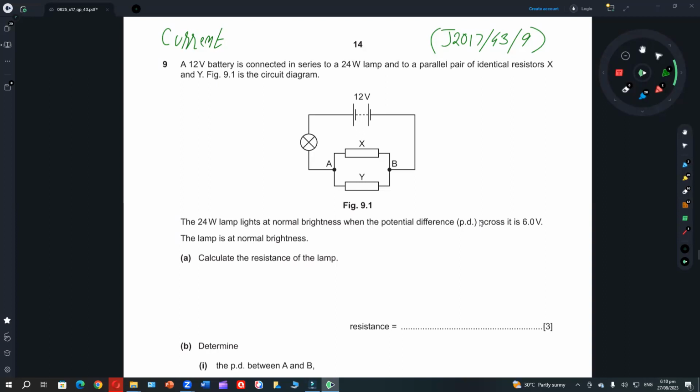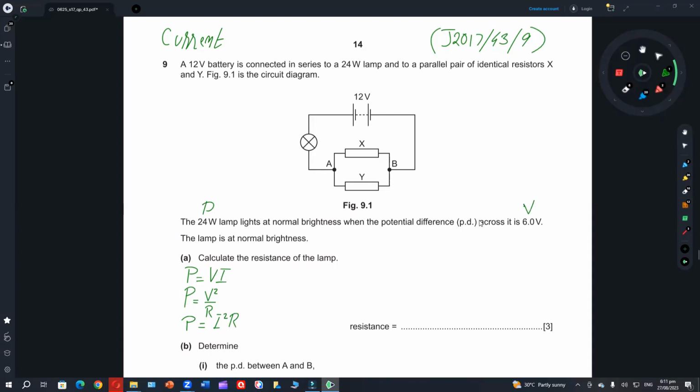Calculate the resistance of the lamp. We have one formula, P is equal to VI. We have a formula P is equal to V square upon R. We have a formula P is equal to I square into R. They have given me power.